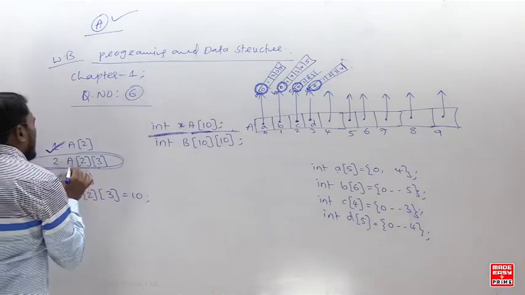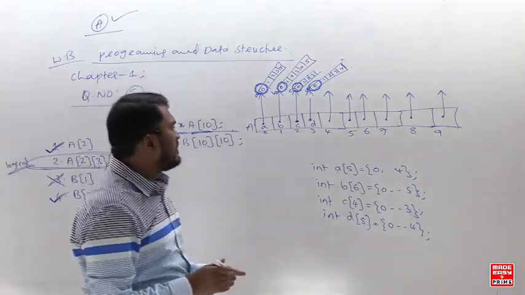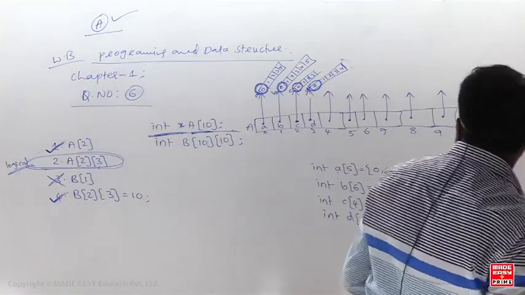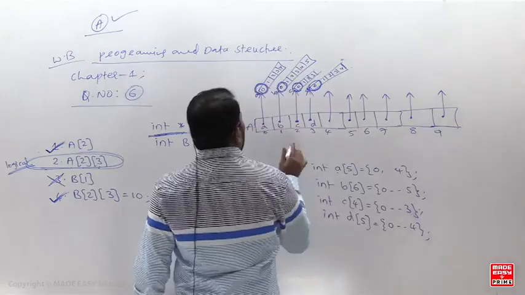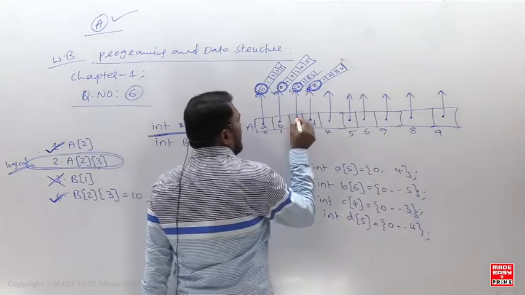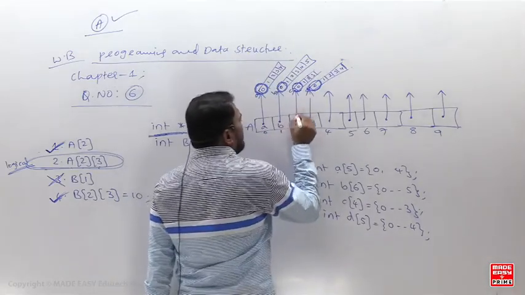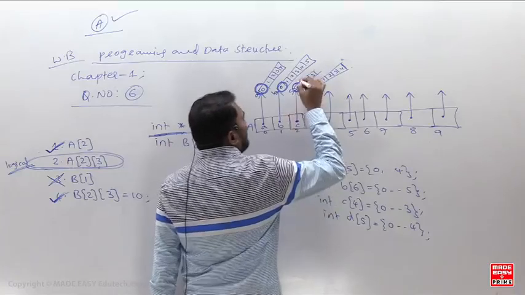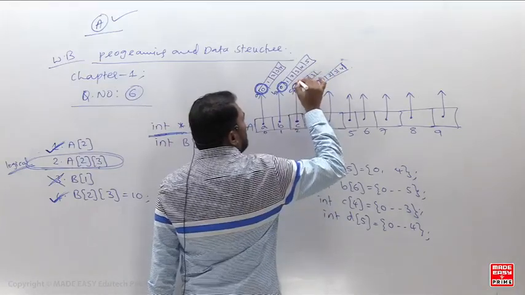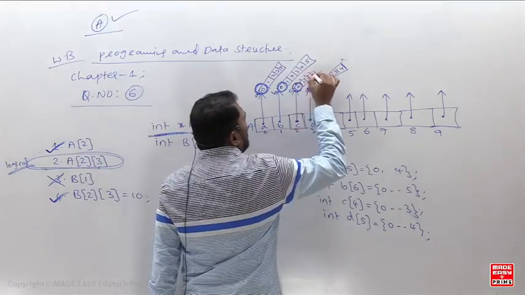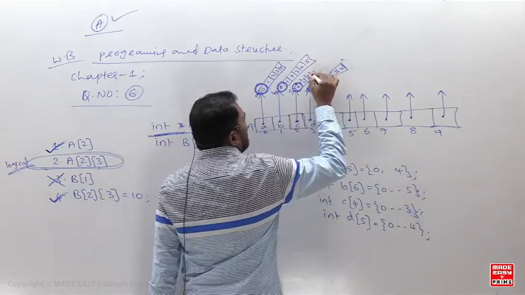Now if I say A of 2, 3, what is the meaning of that? Look here. A of 2 means you are coming here. A of 2, 3 means you are trying to access the third element here: 0, 1, 2, 3. So he is trying to access this particular element.